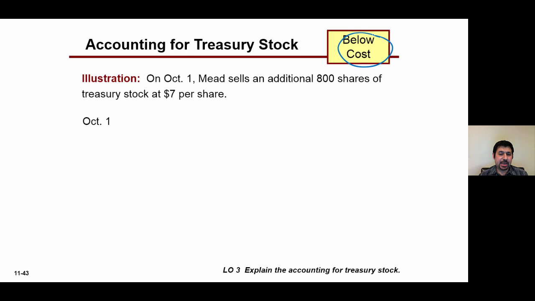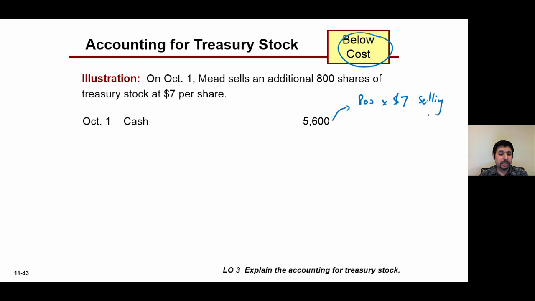The company will debit cash 800 multiplied by 7, which is 5,600. This is 800 shares multiplied by $7, and that is the selling price. The company will credit treasury stock 800 multiplied by 8.